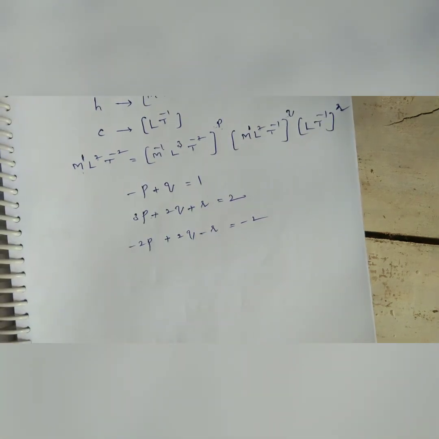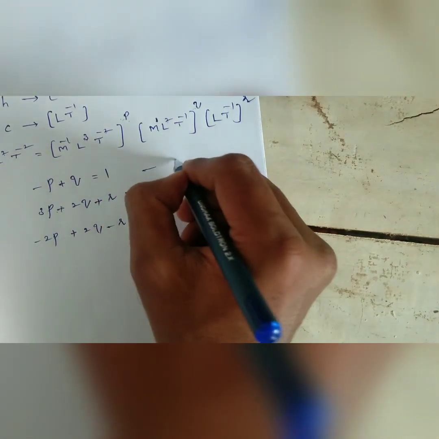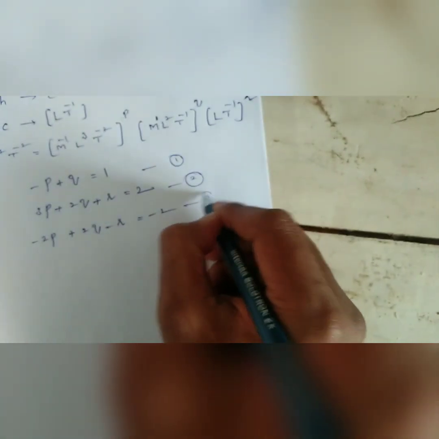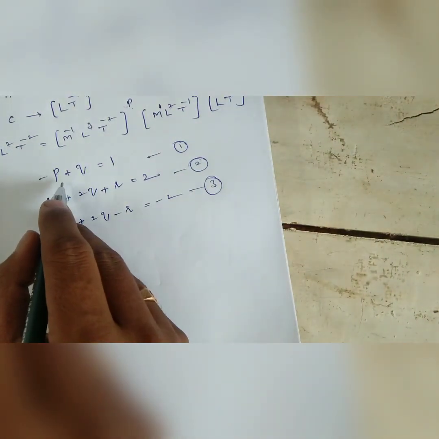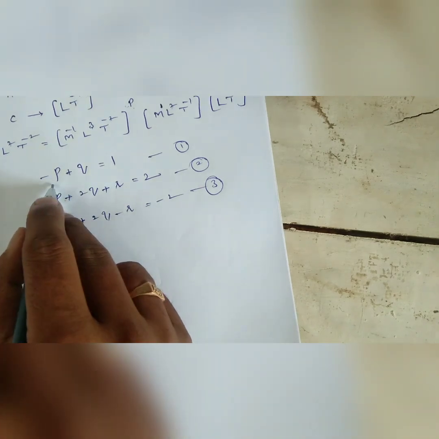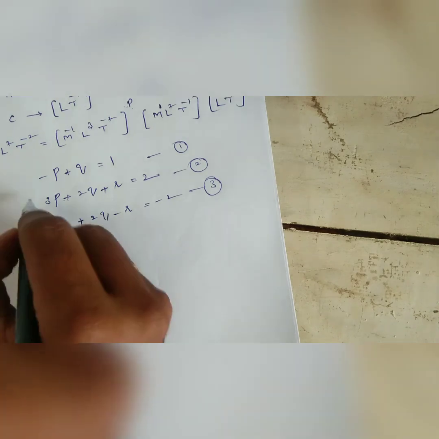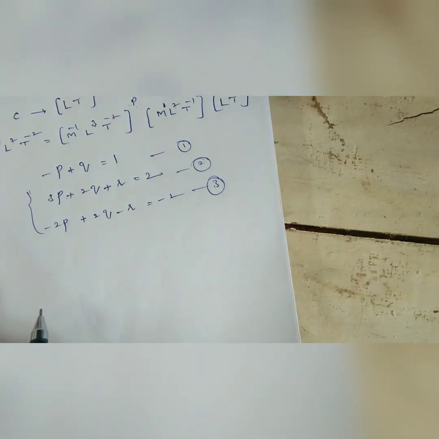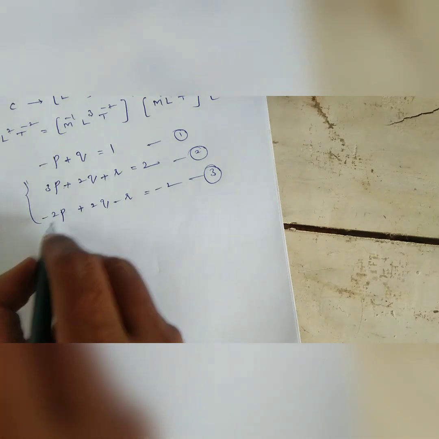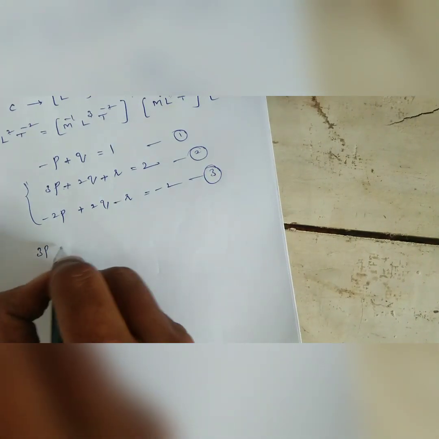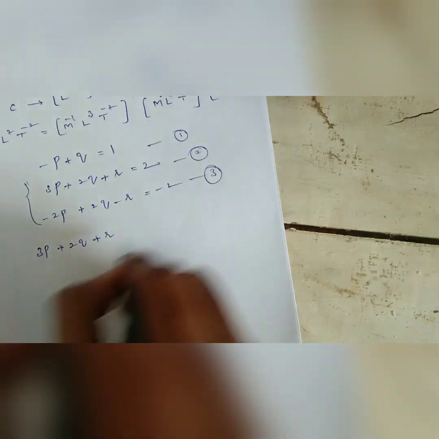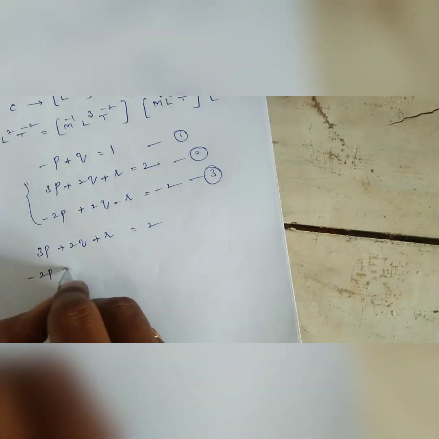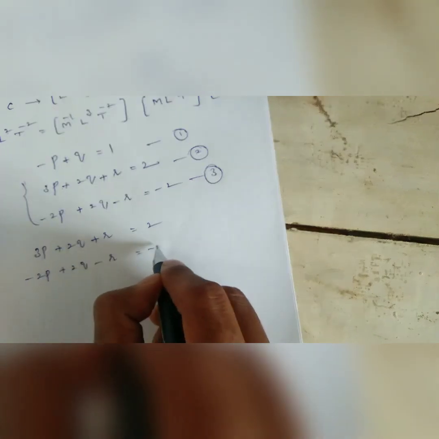Now we need to solve all these to answer the question. This is equation 1, this is equation 2, and this is equation 3. Take equations 2 and 3 and add them: 3P plus 2Q plus R equal to 2, minus 2P plus 2Q minus R is equal to minus 2.